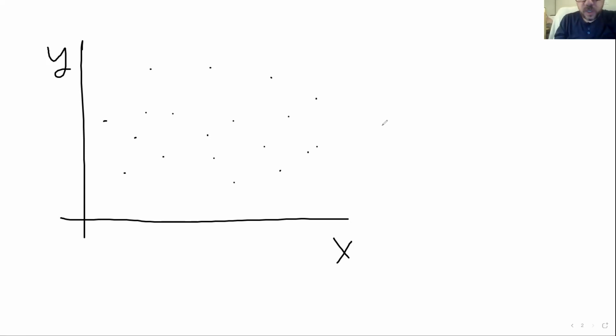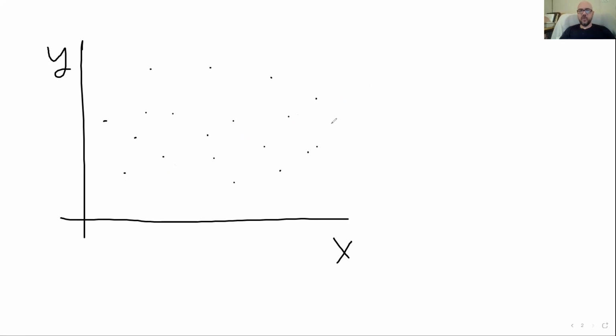If the trend line is positive like this, now, of course, this is not a good trend line for this, I'm not suggesting it is. But when the trend line looks like this, we are saying that as X gets bigger, we think Y is going to get bigger. That's not the case here. Here, the Y's are pretty much the same wherever you go in X.